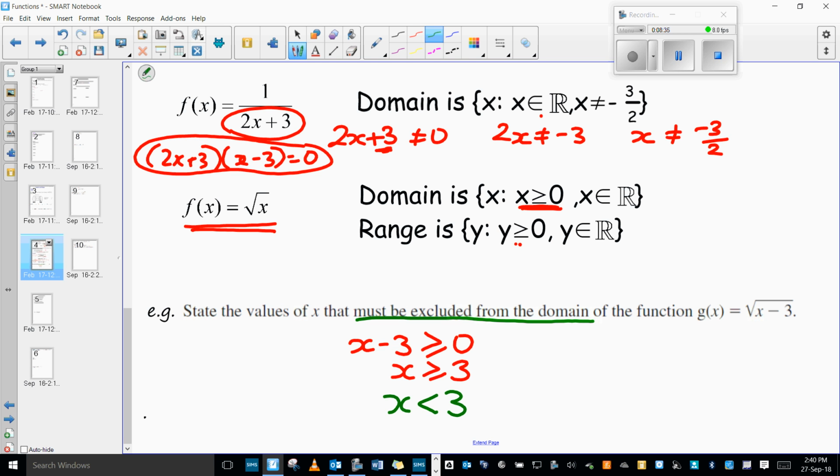Because I know when I've got a square root situation happening, that expression has to be positive. And so I know that x has to be greater than or equal to 3 to go into that. But the question has said, state the values of x that must be excluded. So all of these values must be excluded. Does that make sense?